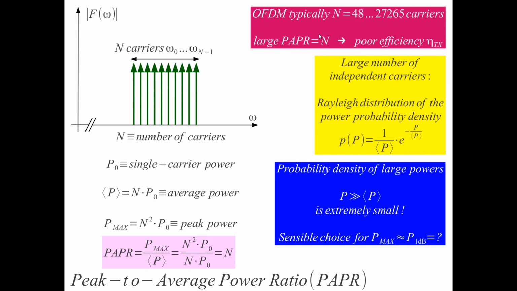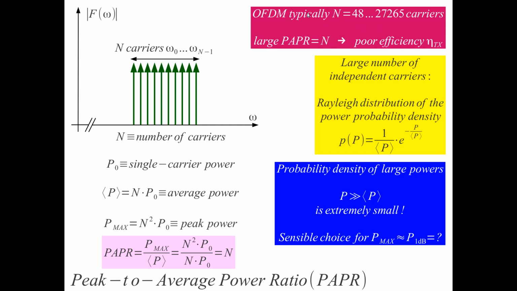This large PAPR causes a very poor transmitter efficiency, since in theory we should design the transmitter for the maximum output power, and we are only operating at the average power. And if we have, say, 2000 or 8000 carriers, this drops the efficiency down to very, very low values.